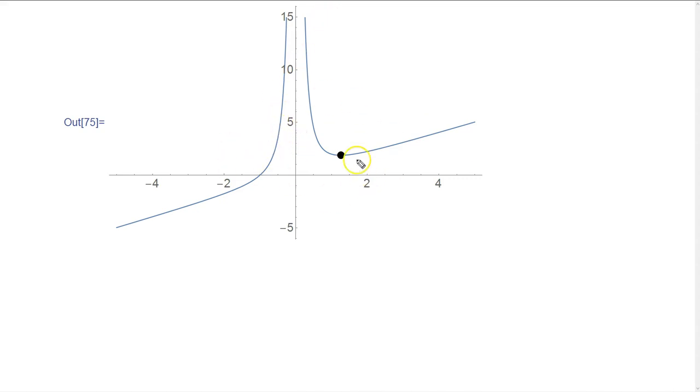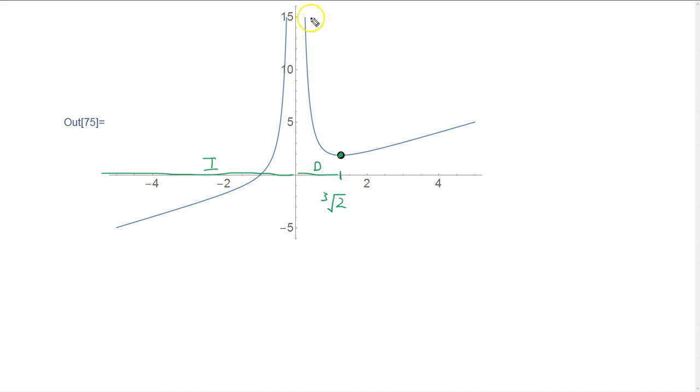So here's the graph. Notice that we have a relative minimum right here. That number right there is the cube root of 2, approximately 1.26, and the y-coordinate was 1.88, so that looks good. Notice our function is increasing from negative infinity up to 0, which is what we found. It is then decreasing from 0 to the cube root of 2.